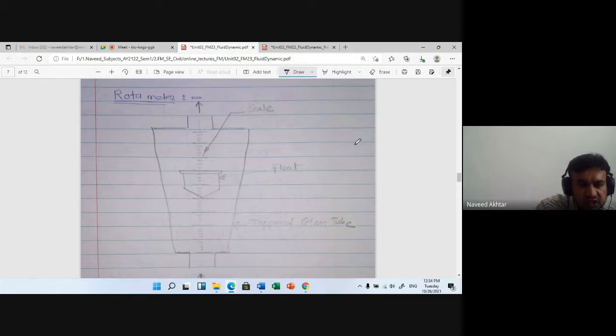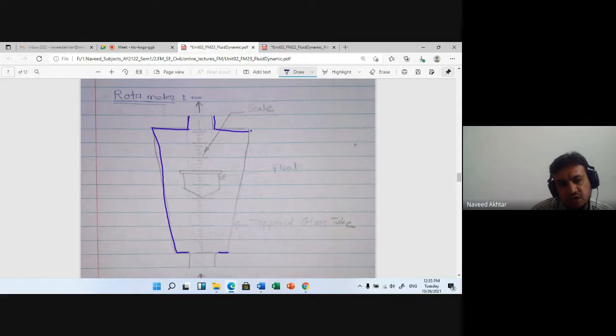So here you can see this is the rotameter. The area is varying. At the entry the area is smaller and it keeps increasing.